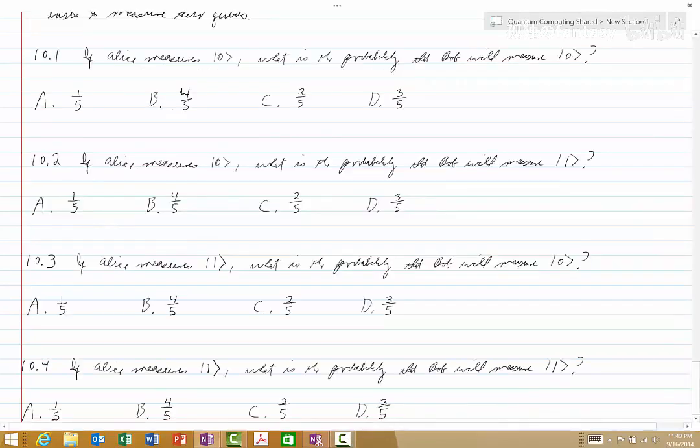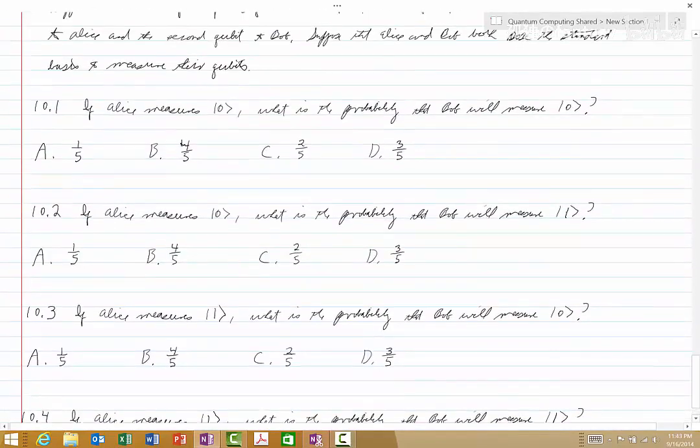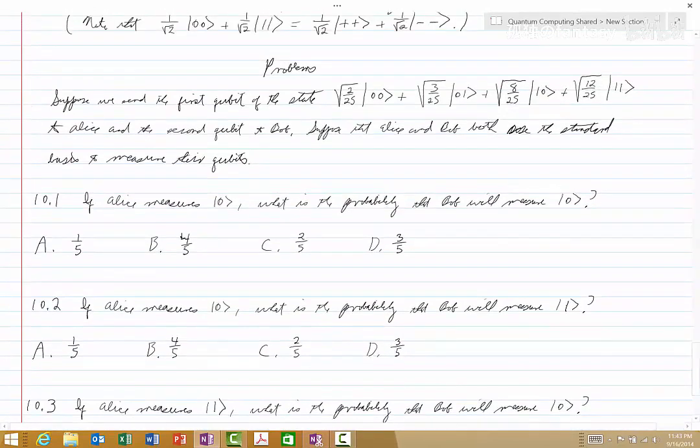Okay, so the problems for this lecture are as follows. We suppose that we send the first qubit of the state square root of 2 over 25, 0, 0, plus square root of 3 over 25, 0, 1, plus square root of 8 over 25, 1, 0, plus square root of 12 over 25, 1, 1.